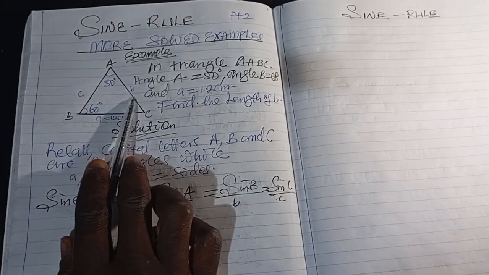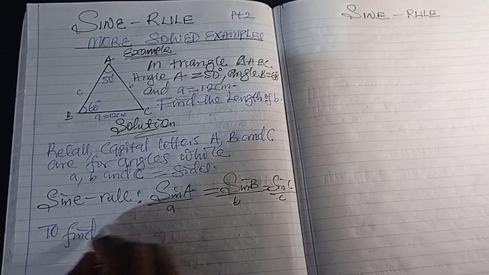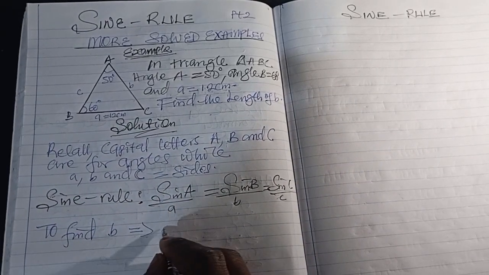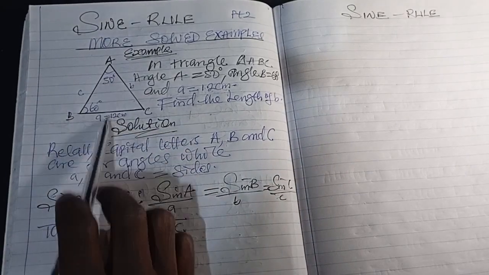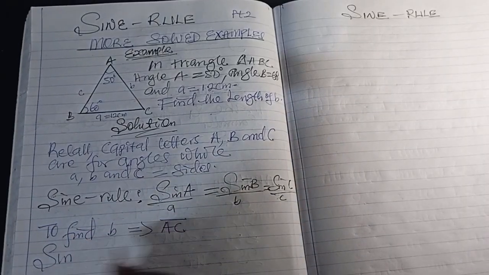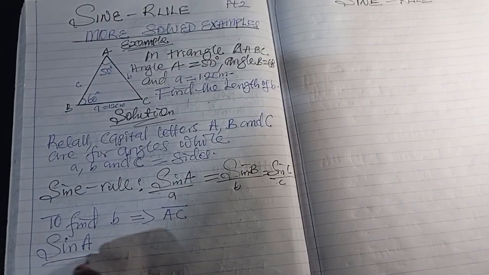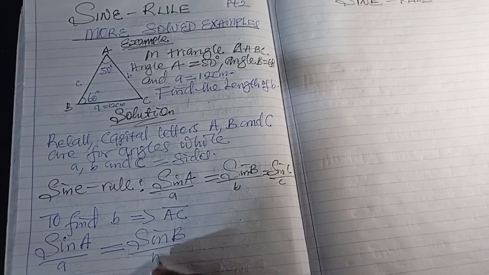Alright, now to find b, which is AC, to find small letter b, which is our line AC, we are going to equate this side that is complete with b. So we can have sine A over small letter a is equal to sine B over small letter b.